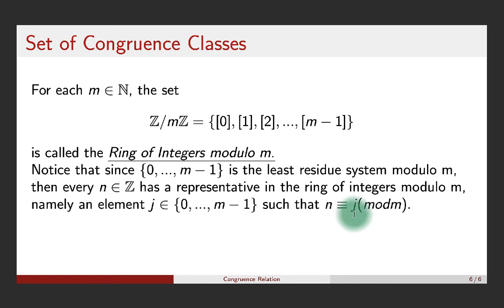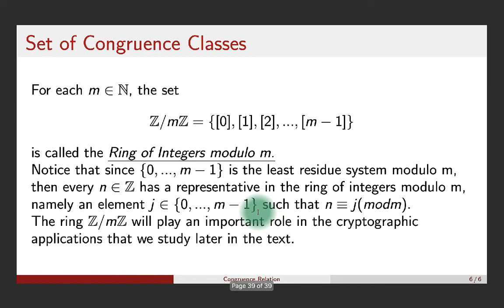Then n will be congruent to j modulo m, and j will be a member of the set 0, 1, etc., m minus 1. This ring of integers modulo m plays an important role in many cryptographic applications.